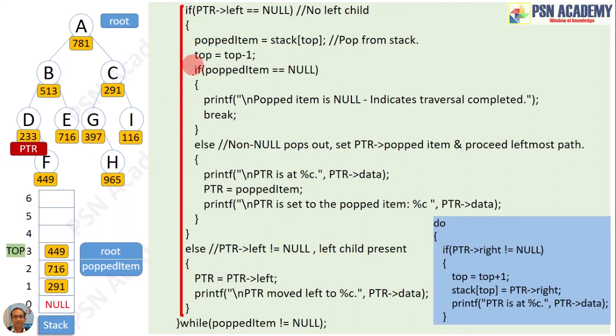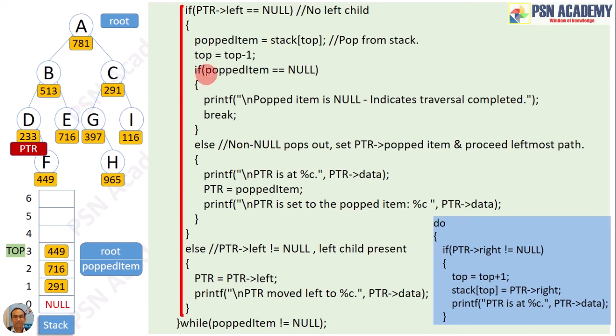So this if block will fire now. In this if block, the first statement says that popped item equal to stack top. That means 449, this is a stack top. This will be popped out and stored inside this popped item variable, right? And then top will be decremented by 1. That is, top will be decremented to 2.